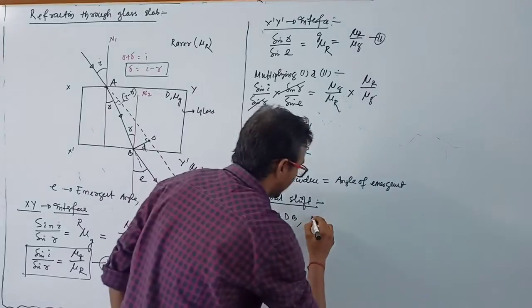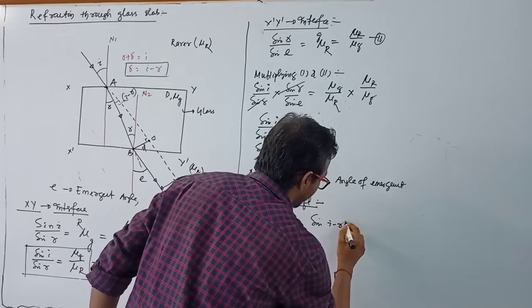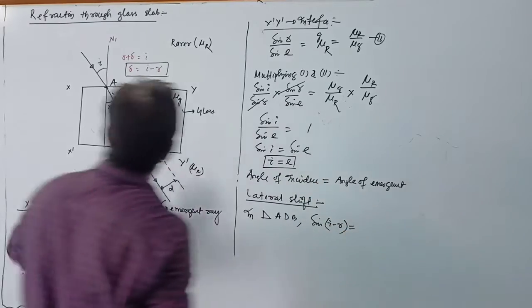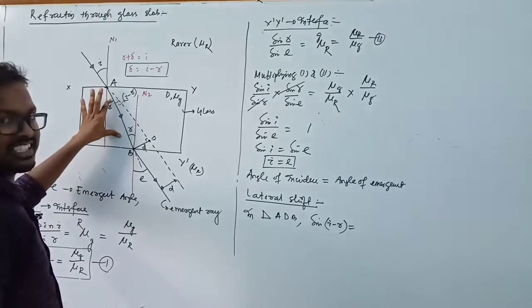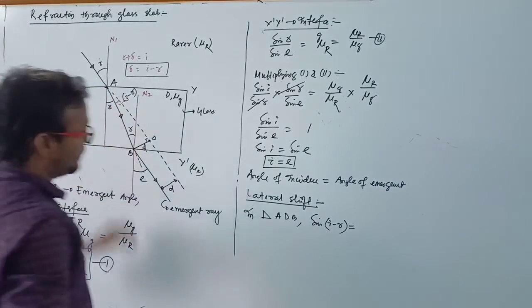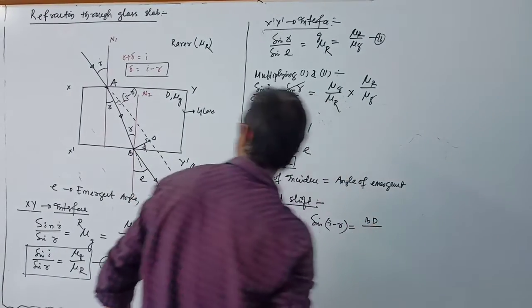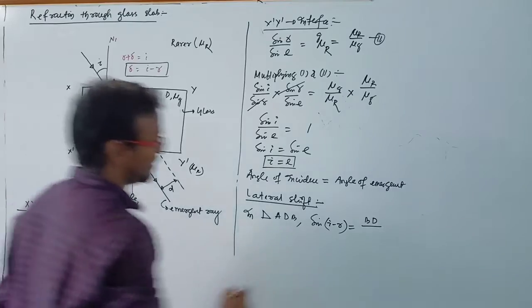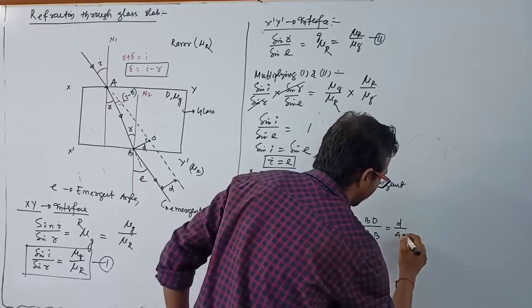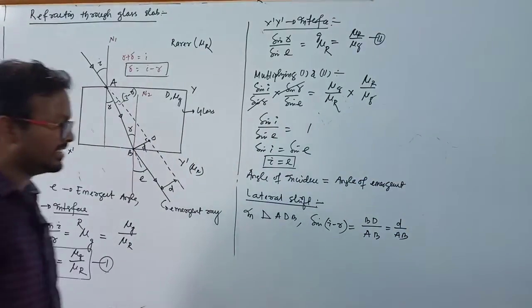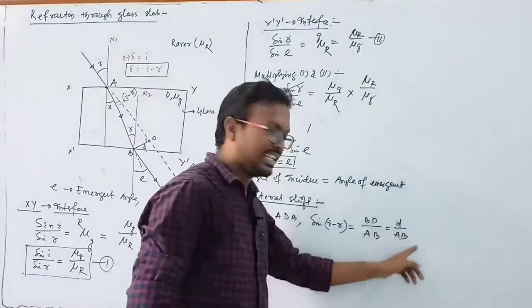So we can write sin theta, where theta is the base angle, i minus r, equals perpendicular upon hypotenuse. This is hypotenuse, this is base. So perpendicular BD divided by hypotenuse AB, that is d by AB. So sin of (i minus r) equals d by AB. Clear? Okay. But AB is the unknown quantity.